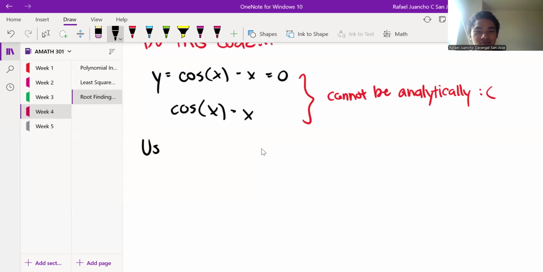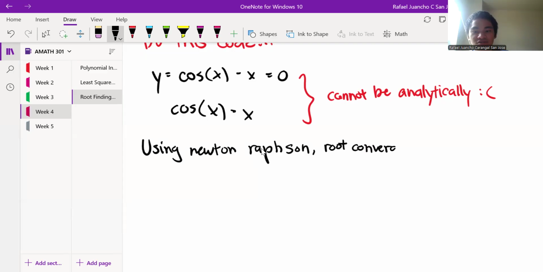So using Newton-Raphson, the root converges to around 0.73908-something, right? It was a very big number too. I forgot where I put my code.